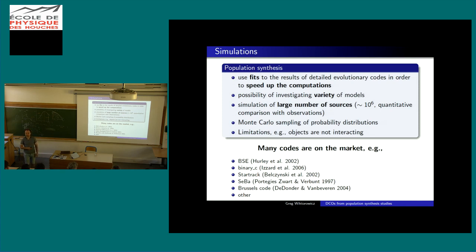There are of course limitations of this method. For example, we cannot do it for objects which are interacting. So no one has done, at least for large-scale Monte Carlo simulations, globular clusters, where these interactions between stars seem to be of high importance.